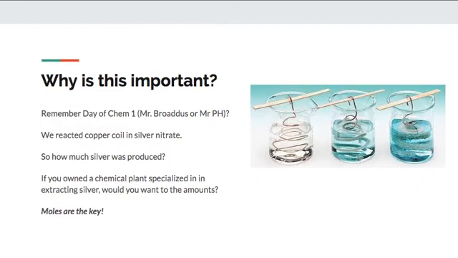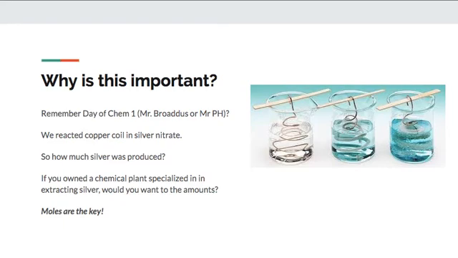So the stoichiometric question here would be how much silver was produced? And that would be really important if you owned a chemical plant specializing in extracting silver. You'd want to know the amounts. You'd want to know how much copper you need to put into the solution. You'd want to know how much silver is in the solution. And you would need to use stoichiometry in order to figure this out.